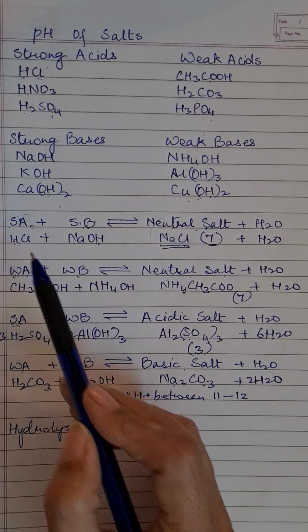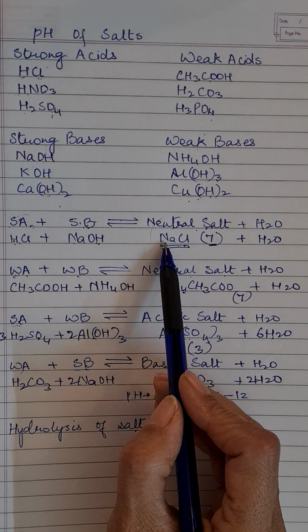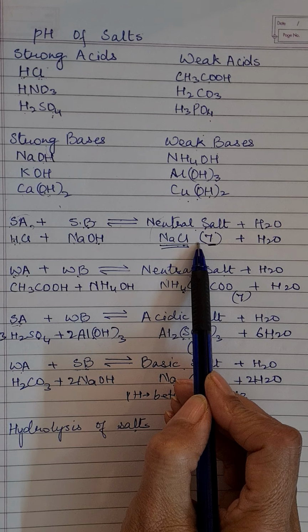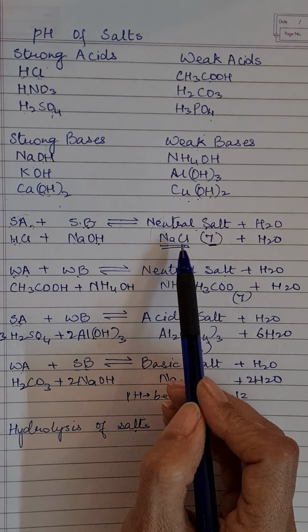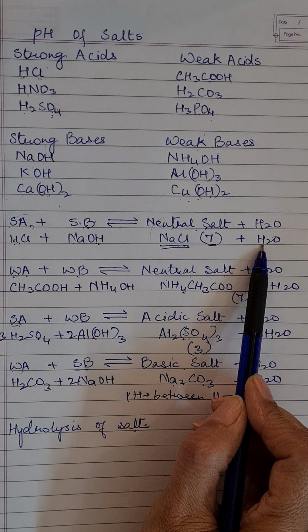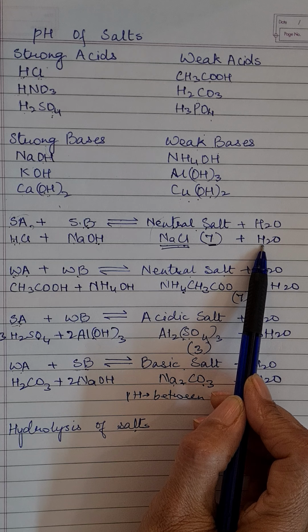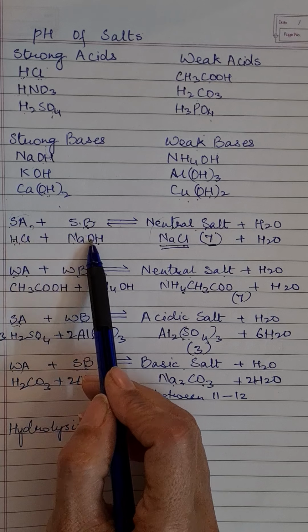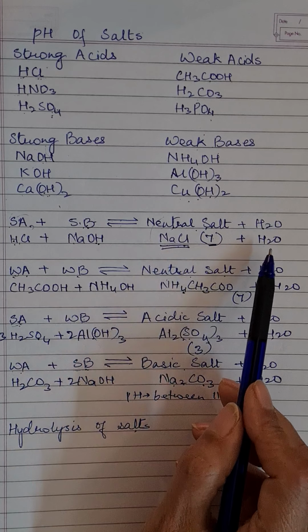So this kind of interaction of the cations and anions with the water molecule, to give you back the acid and the base, is known as the hydrolysis of the salt.